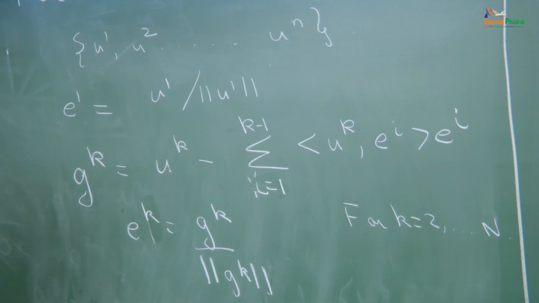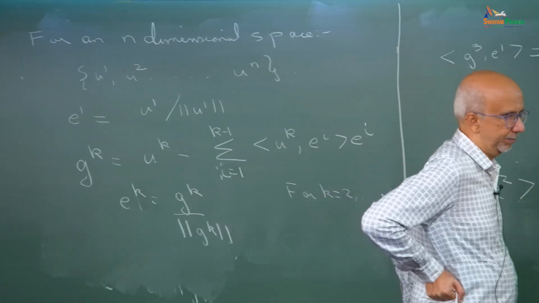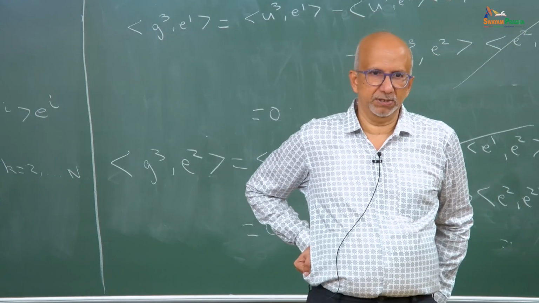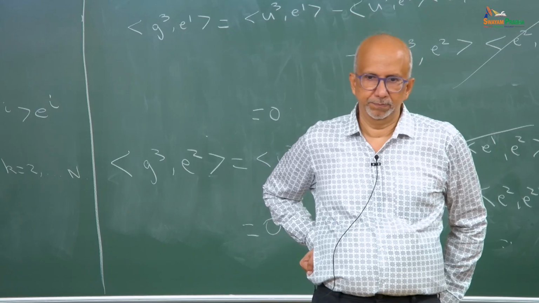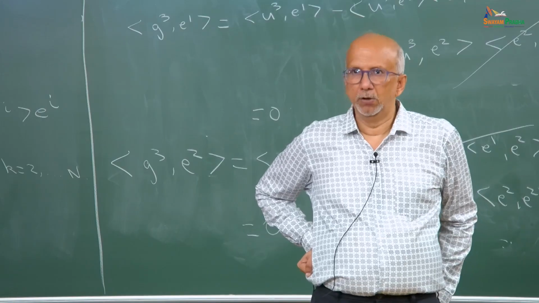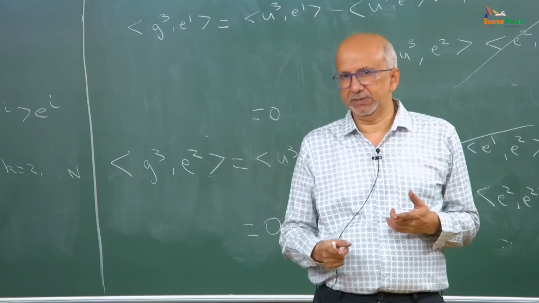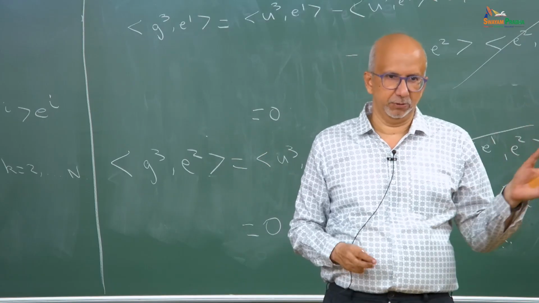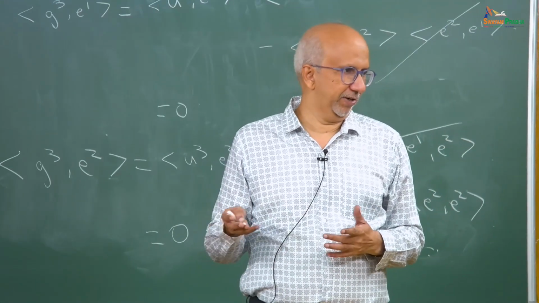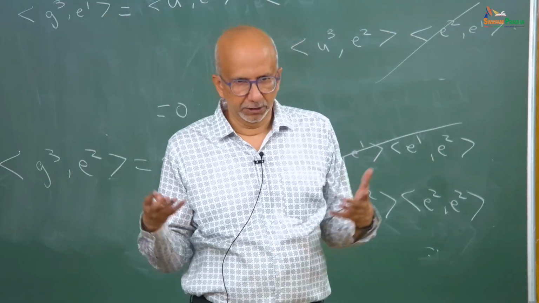So given a particular linearly independent set, is there only one way you can get an orthonormal set, or can you get multiple orthonormal sets? You can get multiple, because you may choose U1 as the first vector, somebody else may choose another vector as the first vector. If I give you 10 vectors, you can choose anything as first vector, anything as second vector. Depending on that, you will get different orthonormal sets. Okay, they will all be linear combinations.